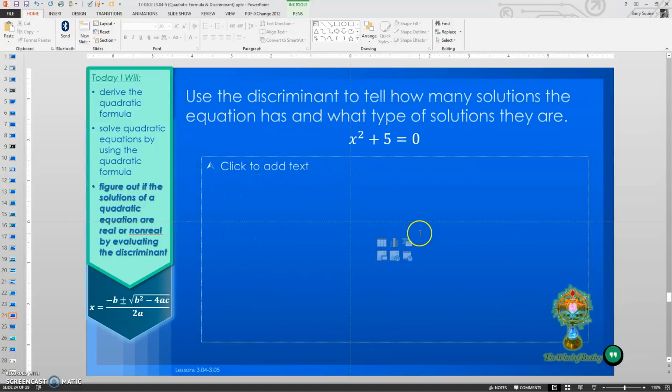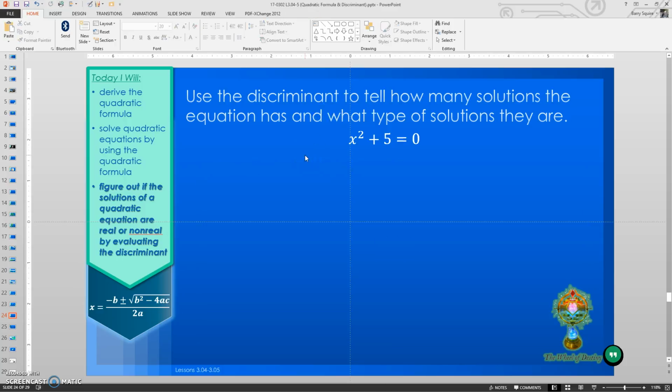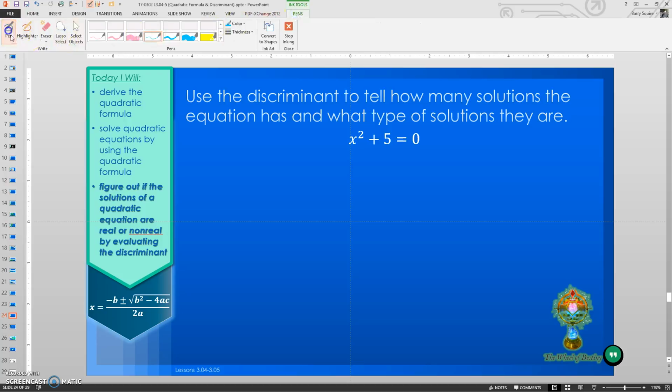Now this one. This one is a little bit slippery. I'm not going to say sneaky or tricky. I'm going to call it slippery. Because what are we missing? We are missing the x term. So we can see that our a value is going to be 1. Our c value is going to be 5.